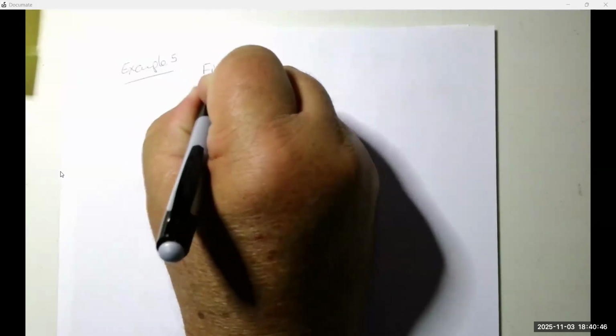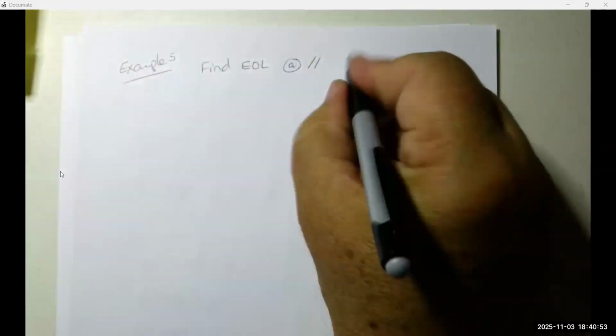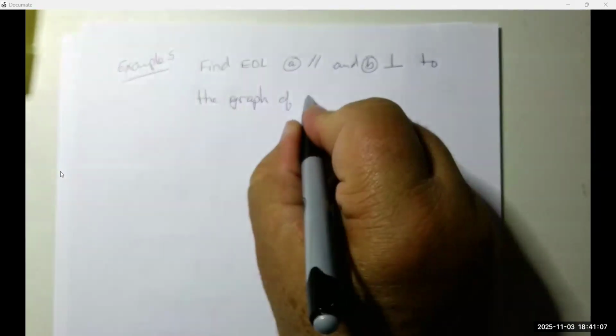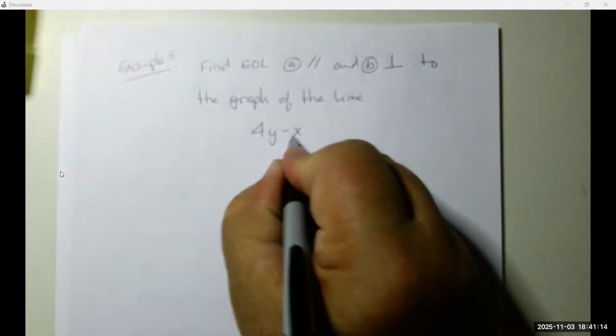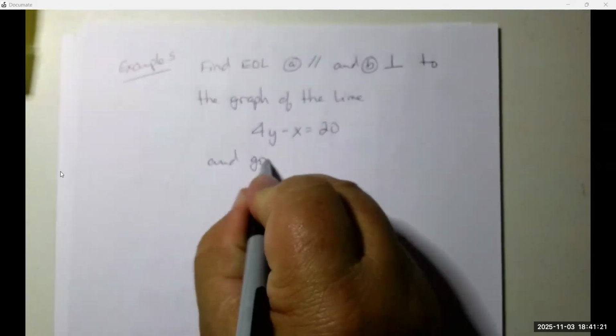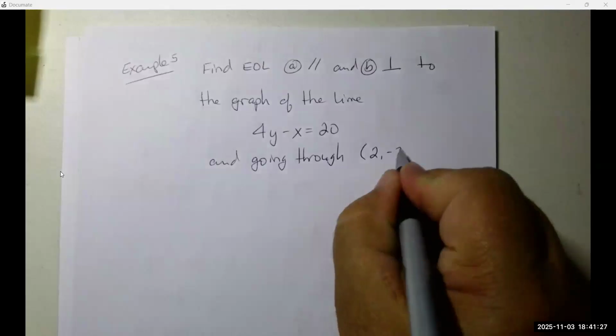Now let's put all this stuff together. Find equations of lines A parallel and B perpendicular to the graph of the line 4y minus x equals 20 and going through the point (2, -3).